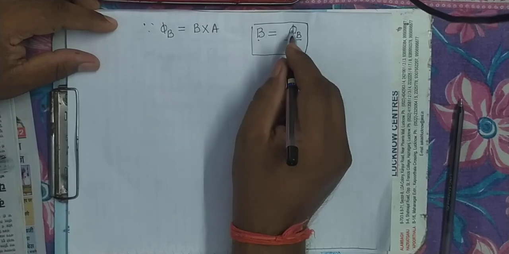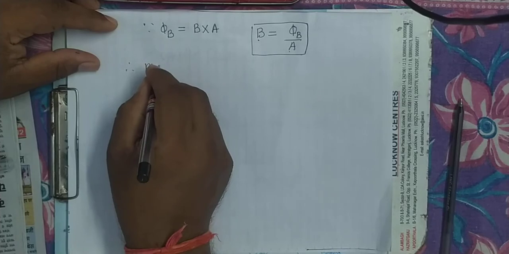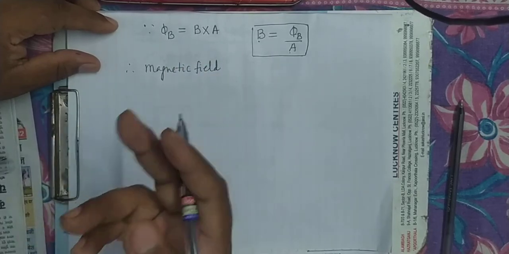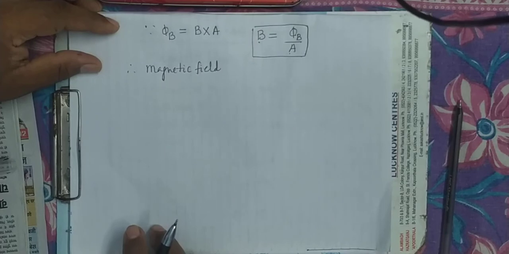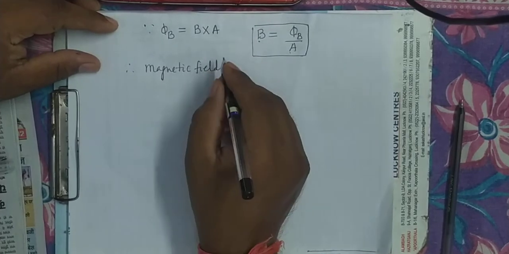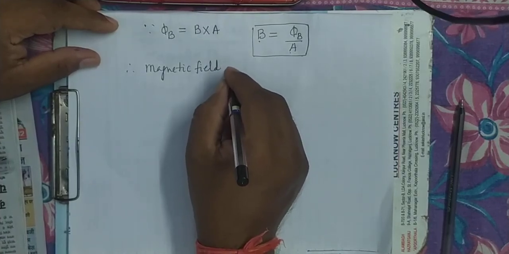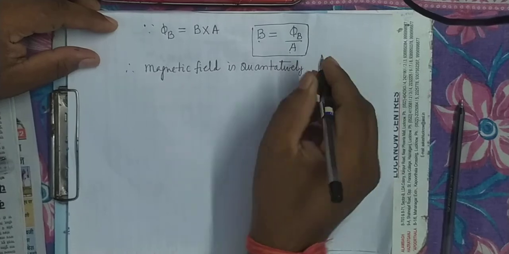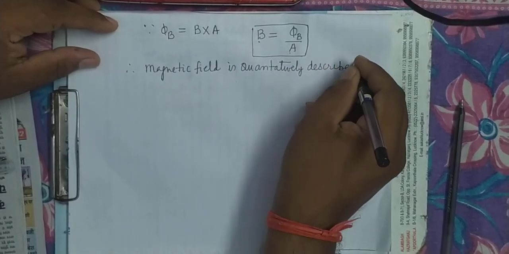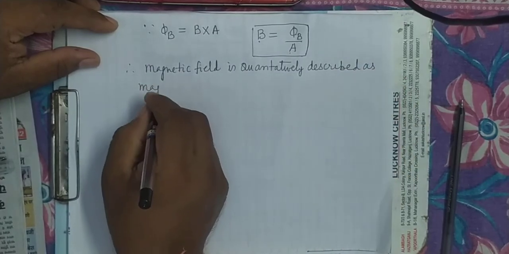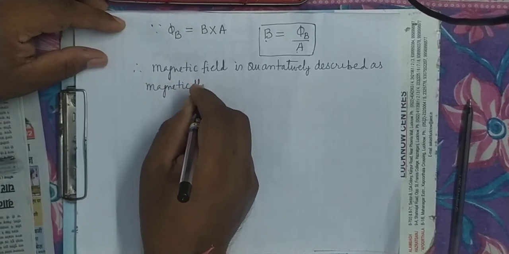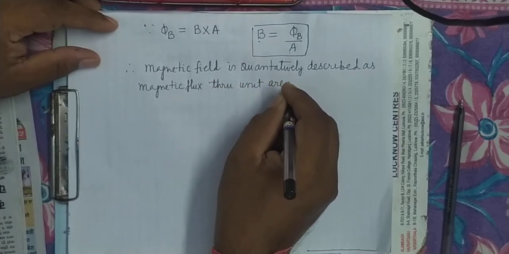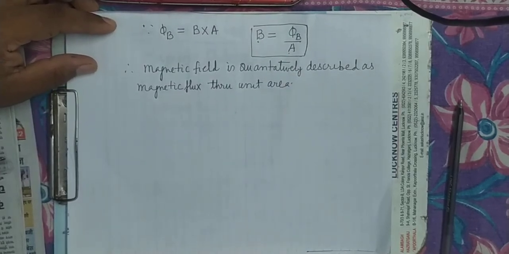Therefore, magnetic field, quantitatively, is the magnetic field intensity or magnetic field strength, described as the magnetic flux through unit area.